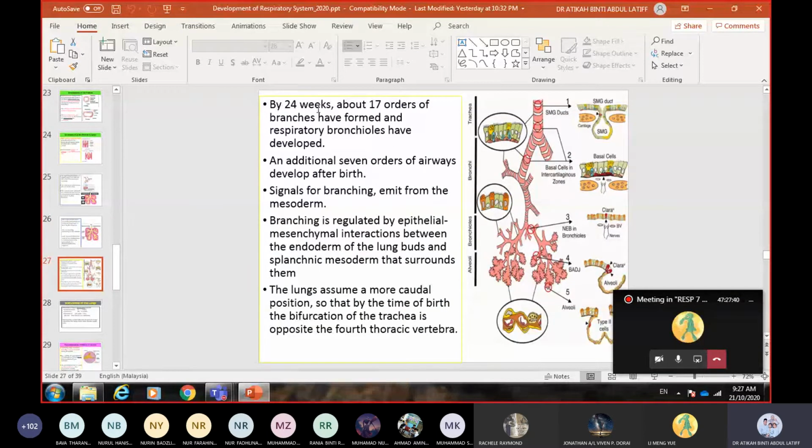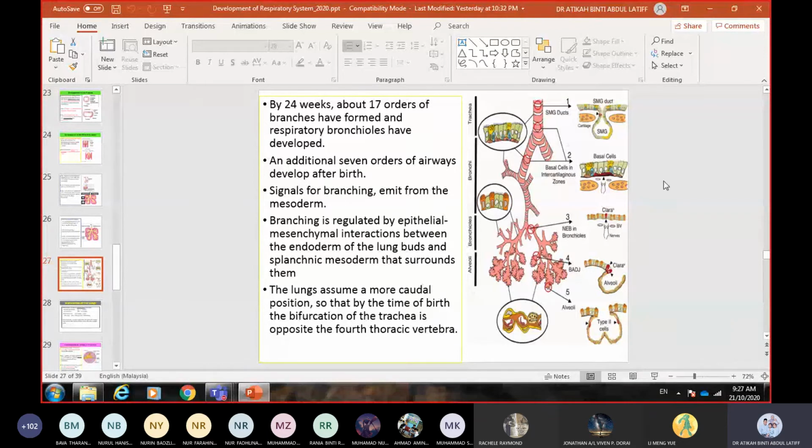But by 24 weeks, you already have about 17 orders of branches, and you have development of respiratory bronchioles already. And the lungs assume a more caudal position, meaning they go down, so that by the time of birth, the bifurcation of the trachea is opposite the fourth thoracic vertebra. So they go down until the trachea bifurcates at the fourth thoracic vertebra level.